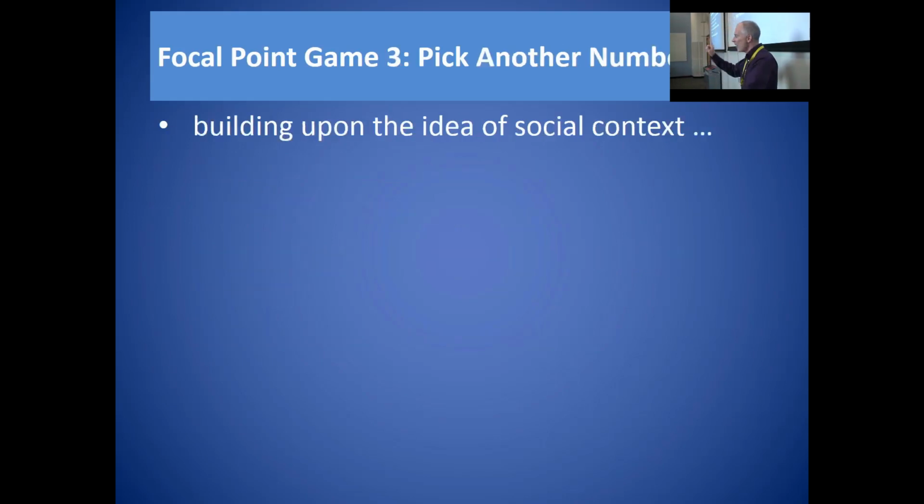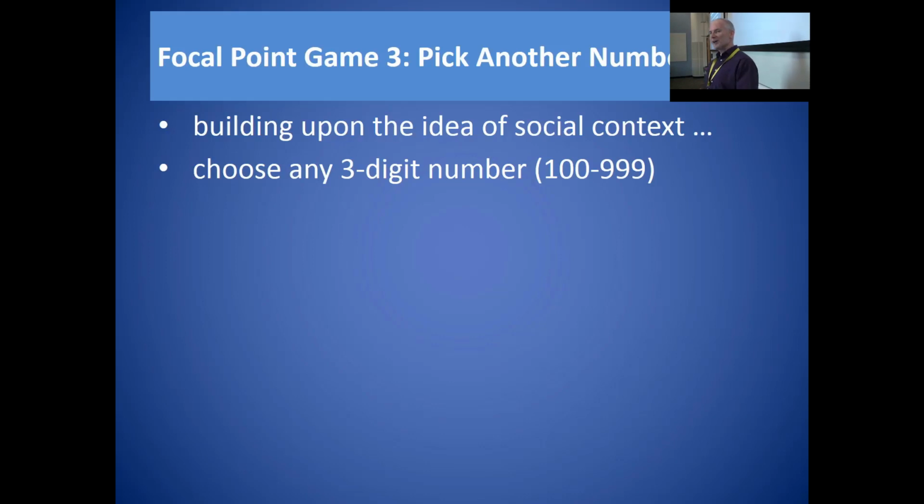Now, I want to build upon this idea of social context. And I want to change that game ever so slightly. So we're not going to pick a single-digit number between 1 and 9. Again, we're going to play the same game where we need to choose the same number. But this is now a 3-digit number, anywhere between 100 and 999.